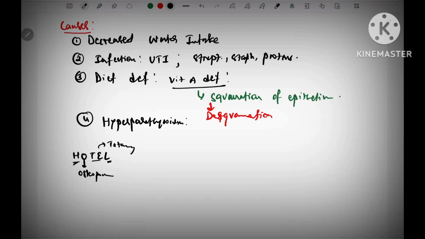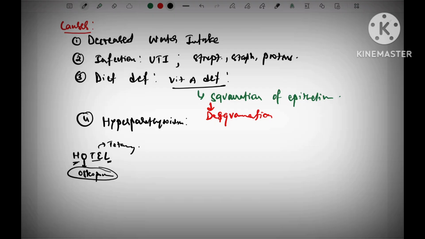So in case of hyperparathyroidism, osteoporosis occurs, and during osteoporosis the calcium from the bones gets demineralized and is released into the systemic circulation.